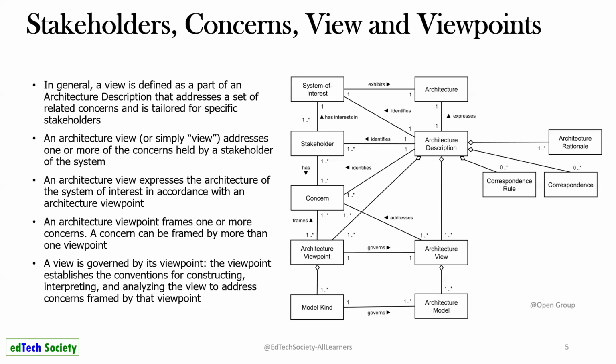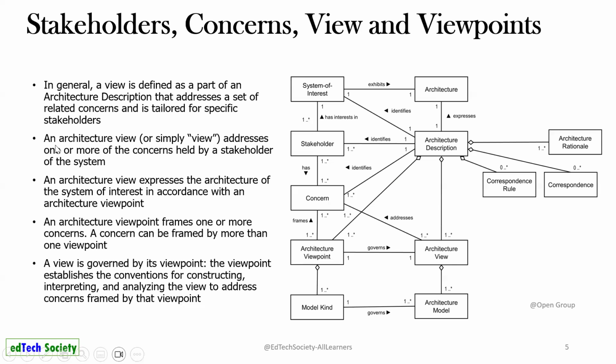Next, an architecture view addresses one or more of the concerns held by a stakeholder of the system. Though I said I'll go through it one by one, it will be easier for you to understand if I show this statement in the diagram directly. So yes, I believe that would be better.